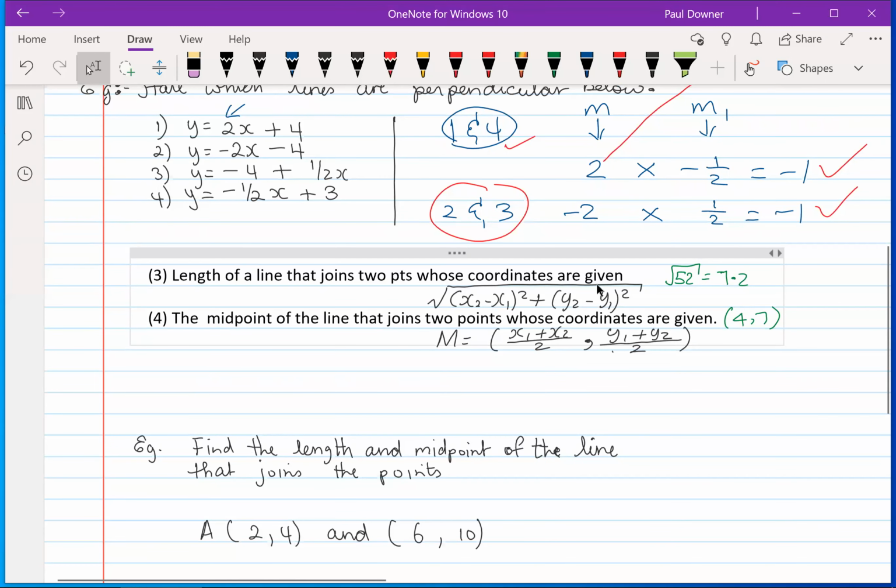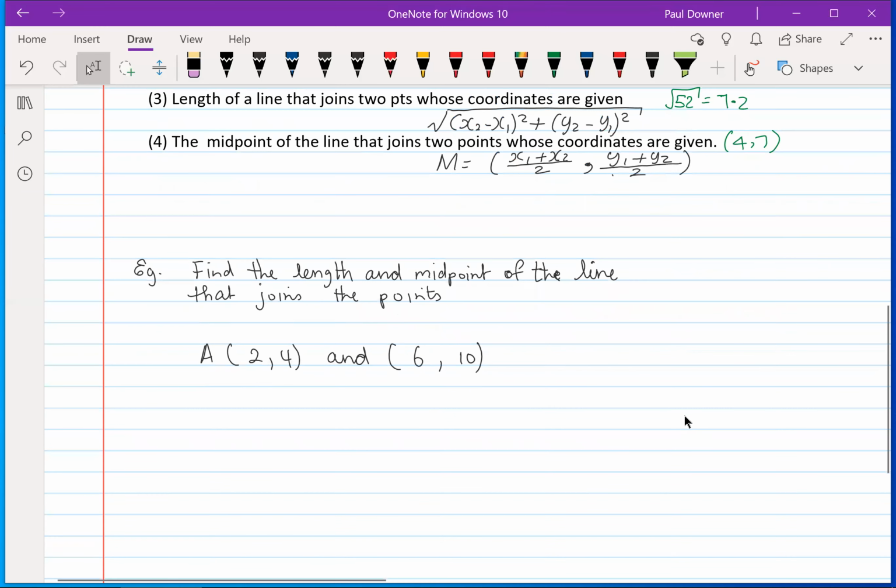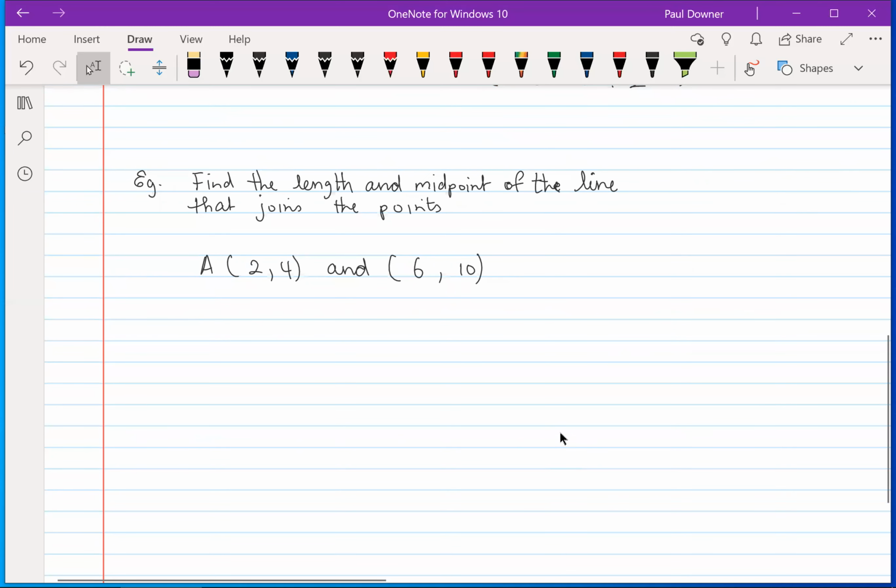Square root of x2 minus x1 squared plus y2 minus y1 squared. That will give us the length of that line. What about if you want to find the midpoint of the line that joins 2 points whose coordinates are given? Well, the x coordinate will be x1 plus x2 over 2, and the y coordinate will be y1 plus y2 over 2.